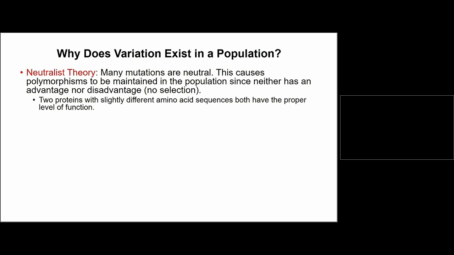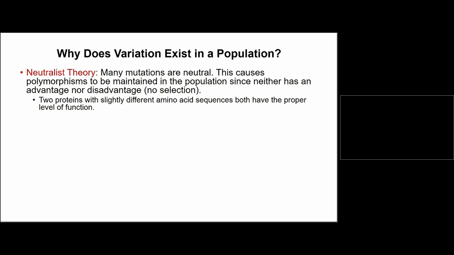So we've talked about mutations and how oftentimes mutations can lead to changes in amino acid sequence that may or may not have a change on the protein, right? Sometimes we can change the DNA and it doesn't change the protein at all, right? What kind of mutations are those called when we have a point mutation that does not change the amino acid sequence? A silent mutation, right? So that's not actually doing anything.